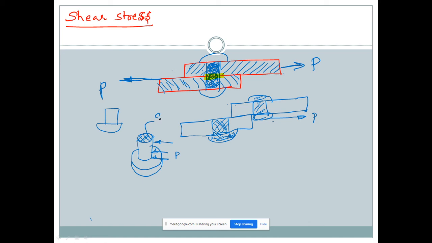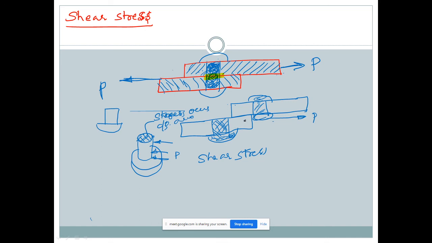Now the stresses which are going to occur at this cross-sectional area are termed as shear stress. Okay, so we can say the shear stress.